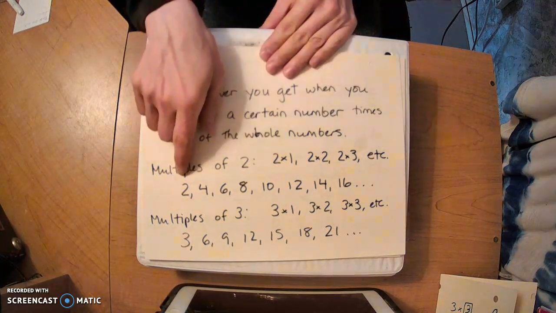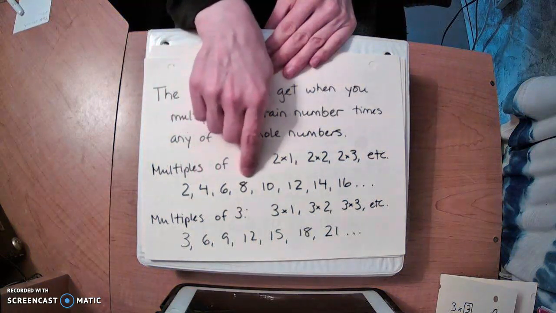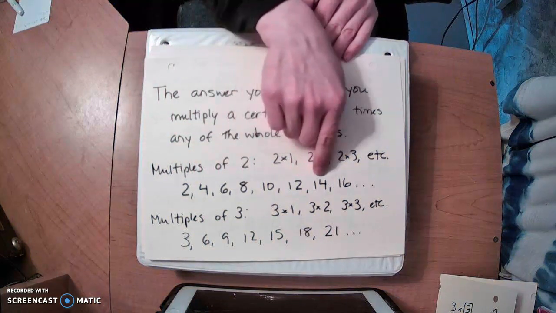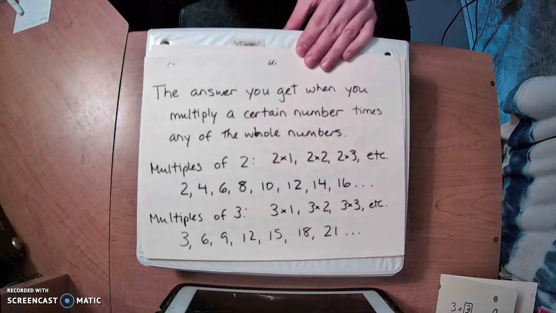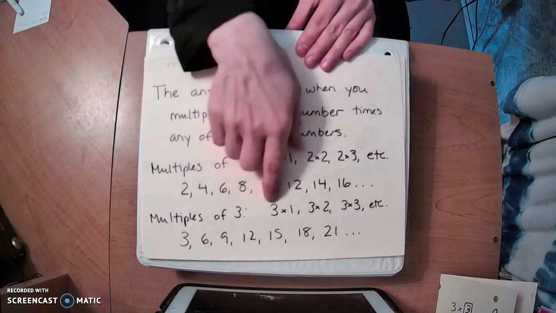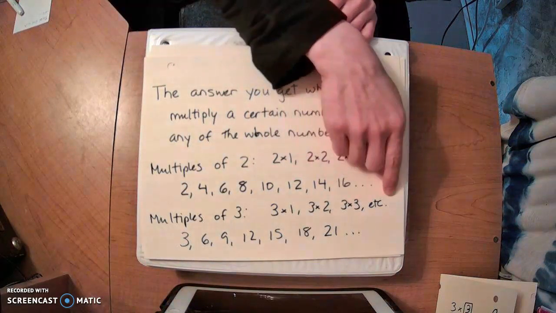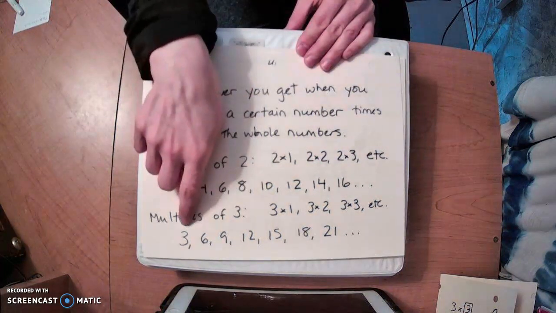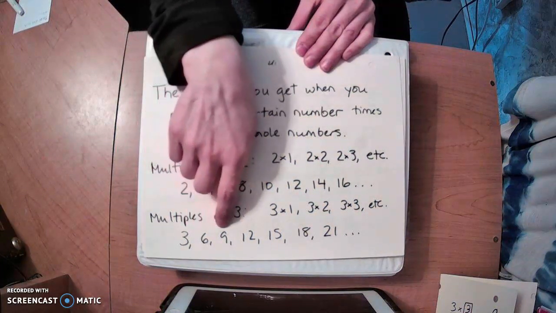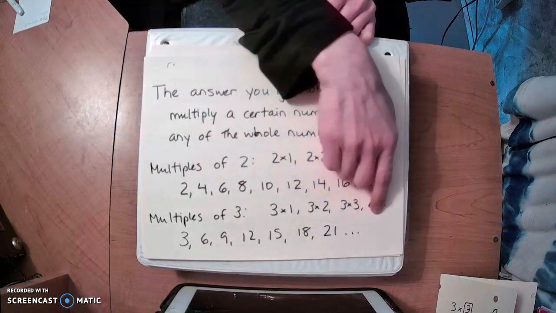The multiples of 2, therefore, are going to be 2, 4, 6, 8, 10, 12, 14, 16, and so on. The multiples of 3 are the answers to 3 times 1, 3 times 2, 3 times 3, and so on. So a list of the multiples of 3 might look like 3, 6, 9, 12, 15, 18, 21, and so on.